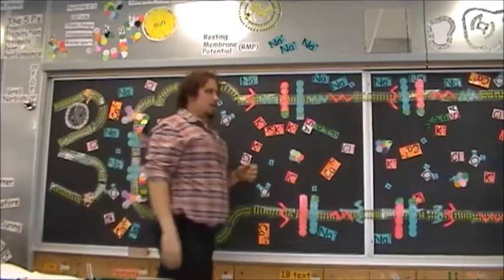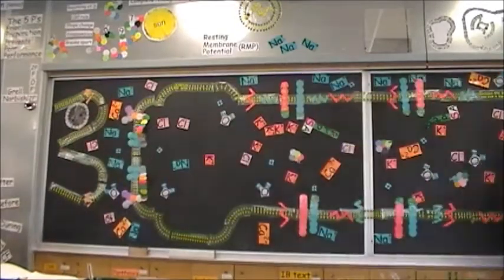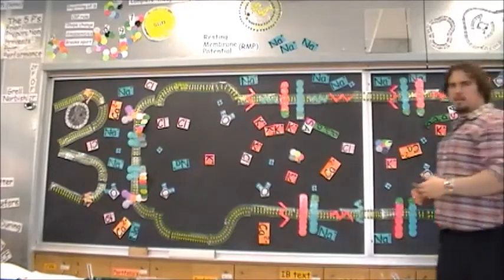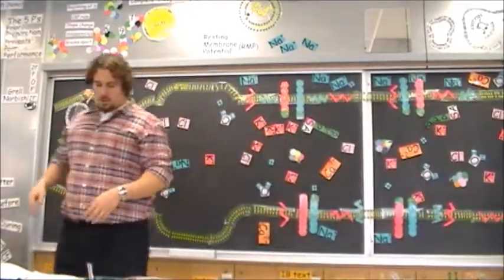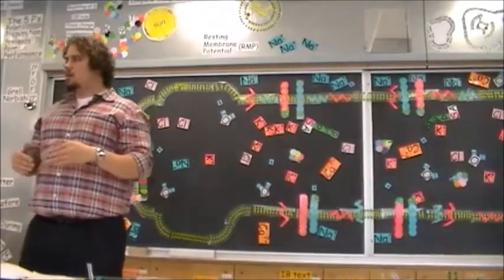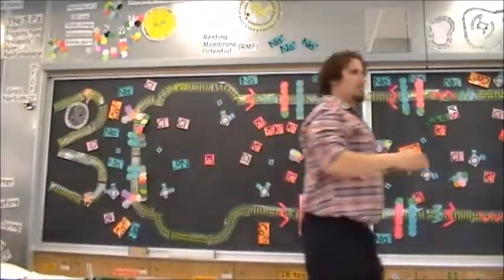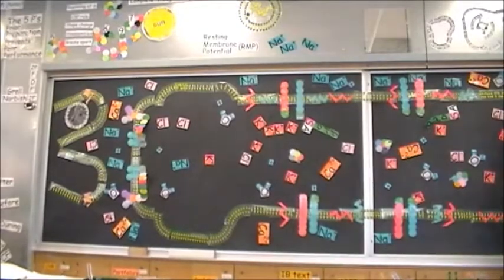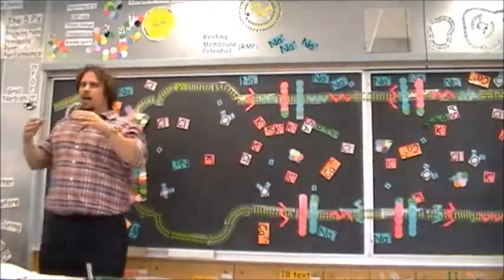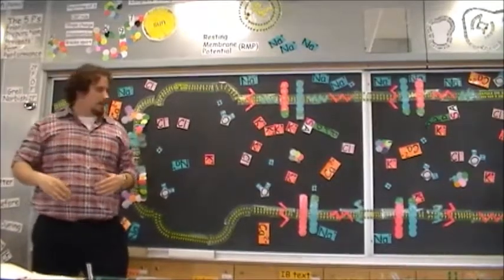So you're constantly pumping out more positive ions than you're bringing in. This leads to a net charge inside of the neuron that is negative compared to the outside of the neuron, which is now positive because you're pumping out 3 positive ions and only taking in 2 positive ions.